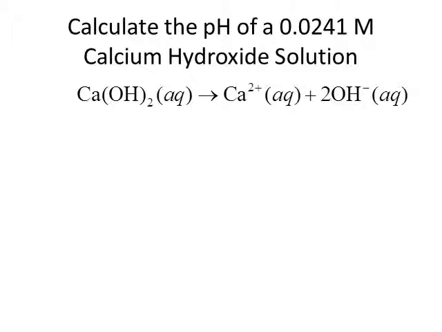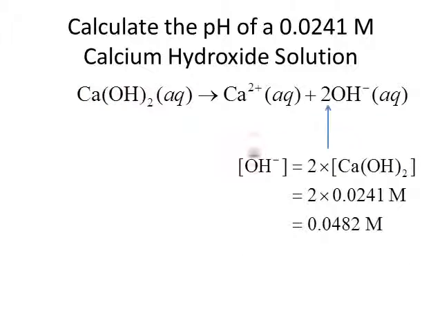Therefore, the number of moles of hydroxide ions is twice that of calcium hydroxide, and therefore the concentration of hydroxide ions in the solution is twice that of calcium hydroxide. Therefore, given that the molarity of calcium hydroxide is 0.0241 molar, the molarity of hydroxide is 0.0482 molar.